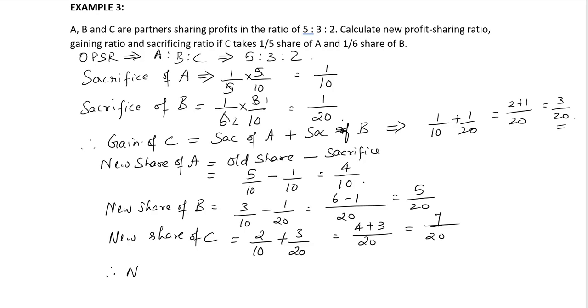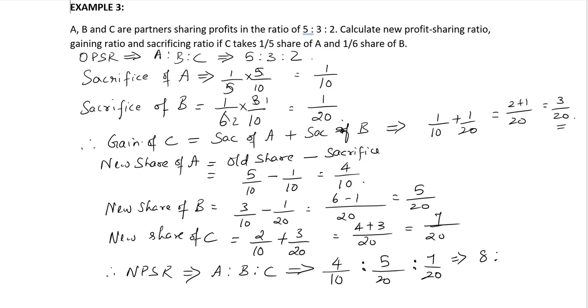Therefore, new profit sharing ratio between A, B and C is equal to 4/10 is to B's new share 5/20 is to 7/20. So taking a common denominator of 20, we get 8:5:7.